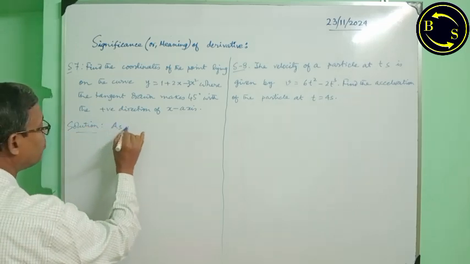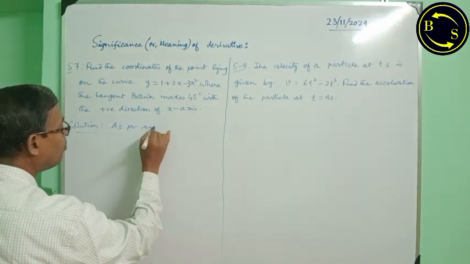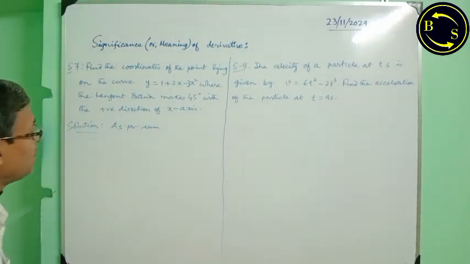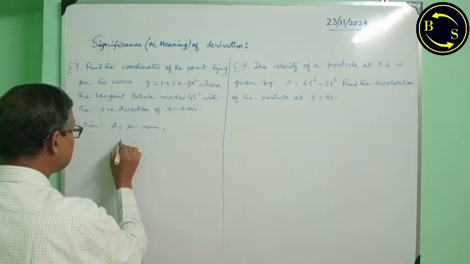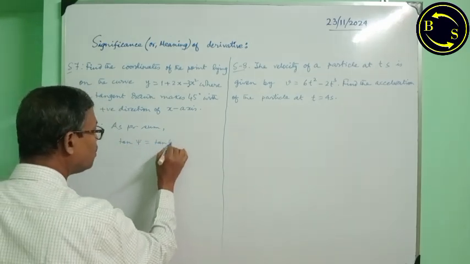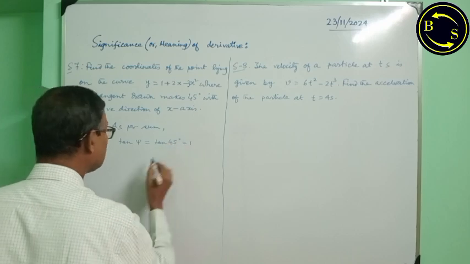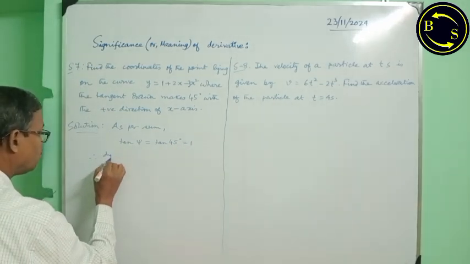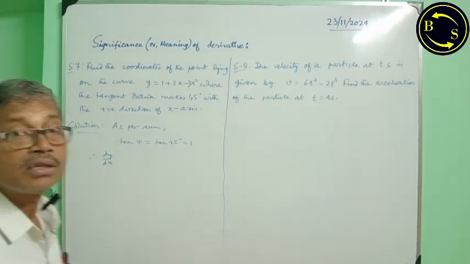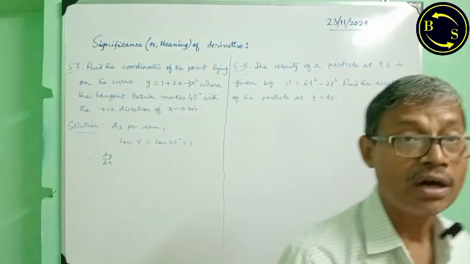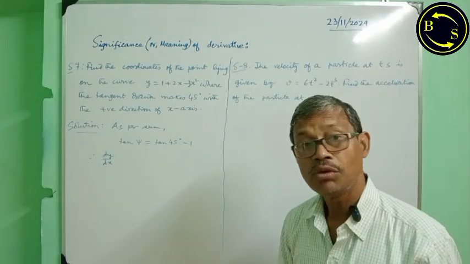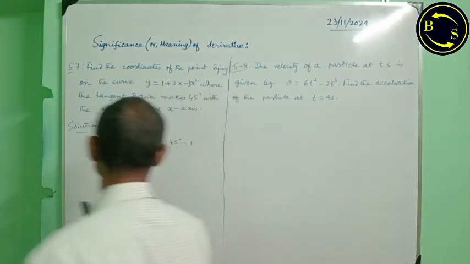As per the sum, since the tangent is making angle 45 degrees, therefore tan psi is equal to tan 45 degree, that is 1. Therefore, dy dx, tan psi is the slope of the tangent to the curve. Therefore, dy dx is equal to 1.